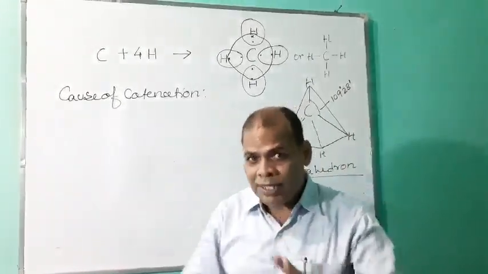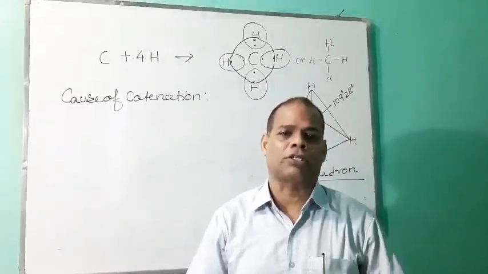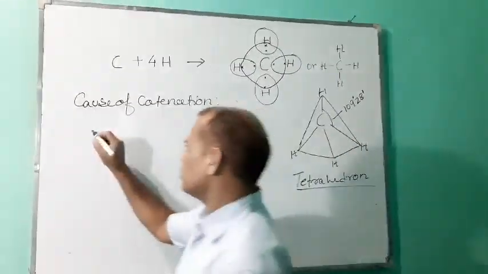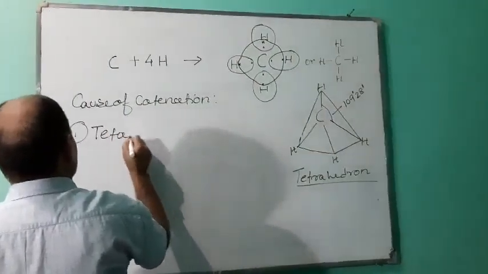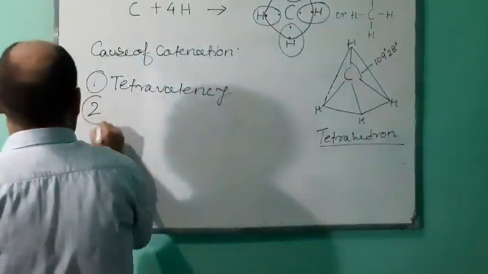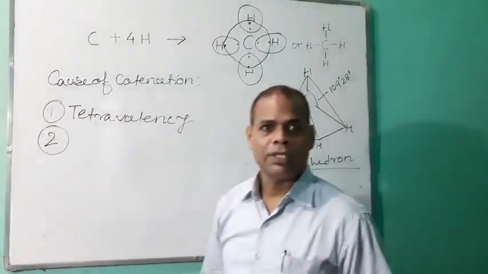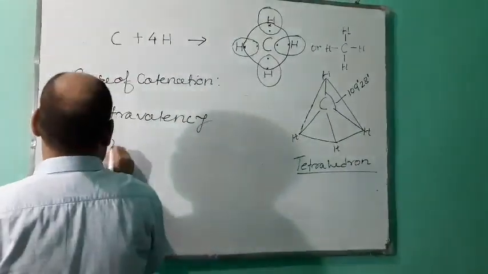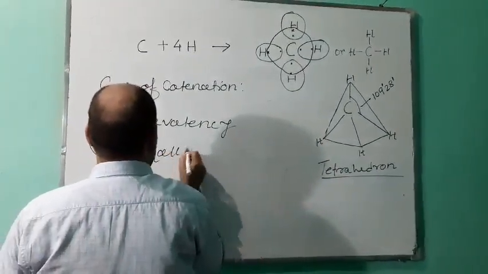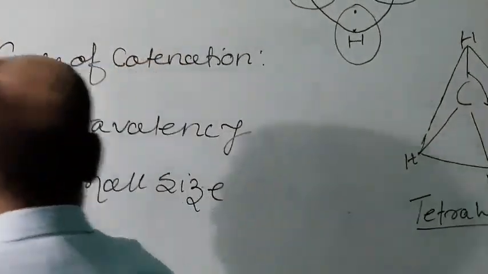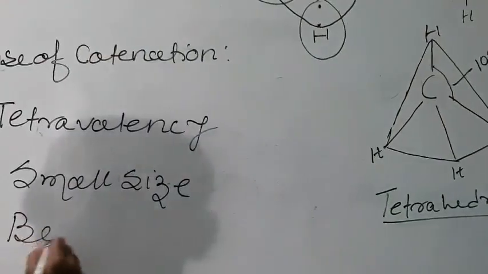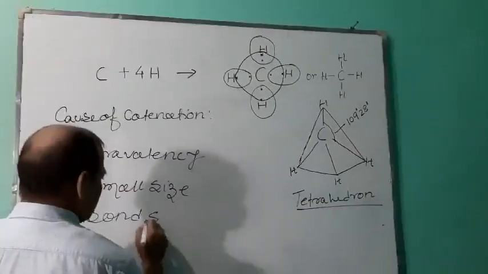Now what are the causes of catenation? First, tetravalency. Second, small size. Third, bond strength.